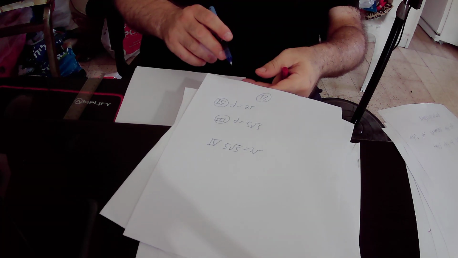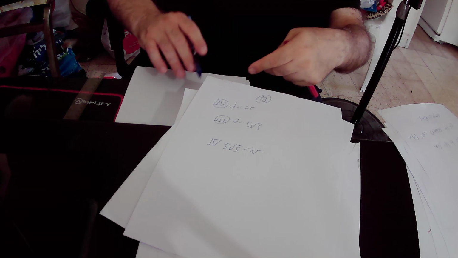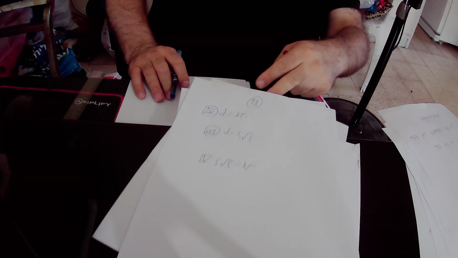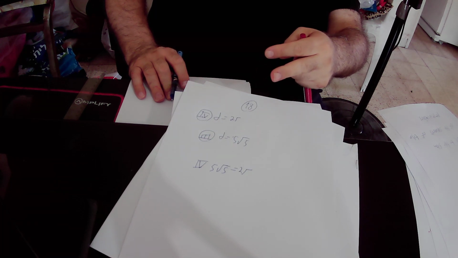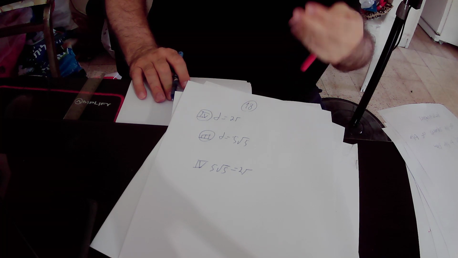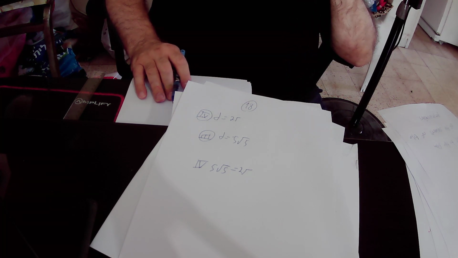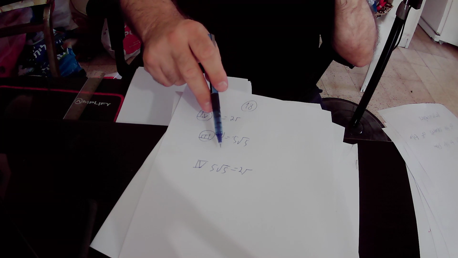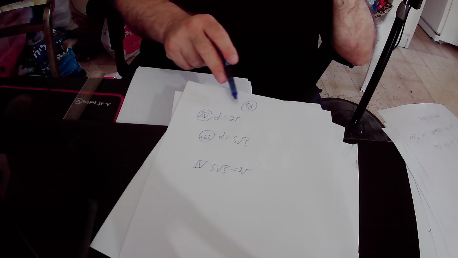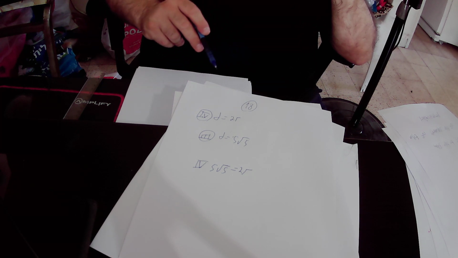So in the fourth equation, D equals 2 times the radius, we substituted D by 5 times root 5, and we got that 5 times root 5 equals 2 times the radius.